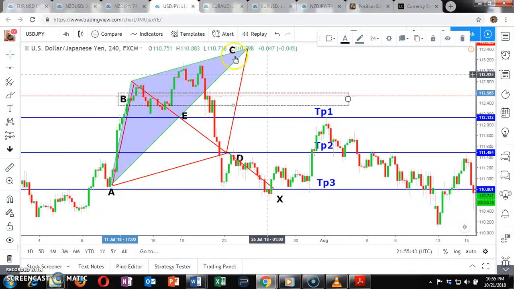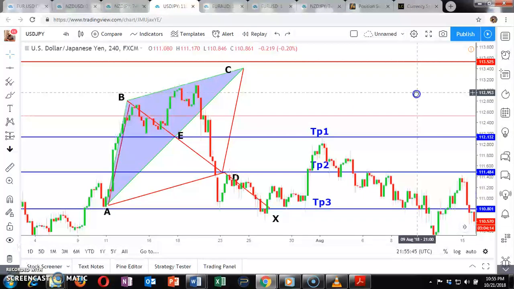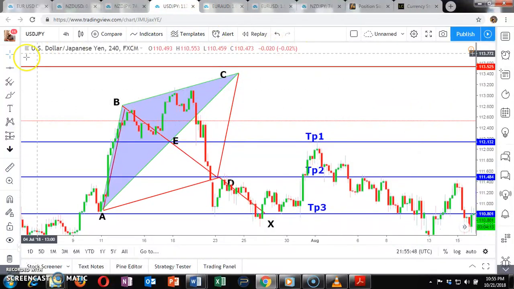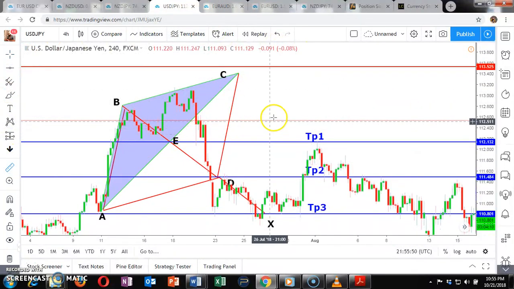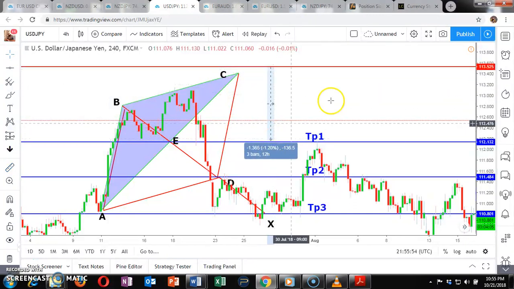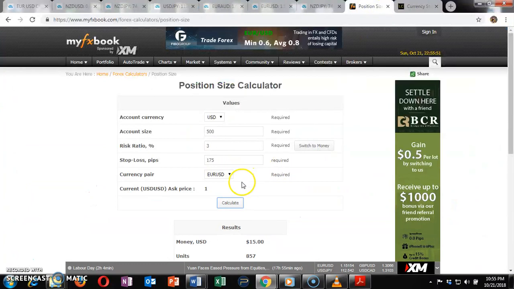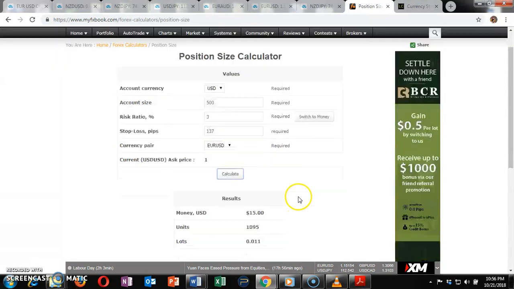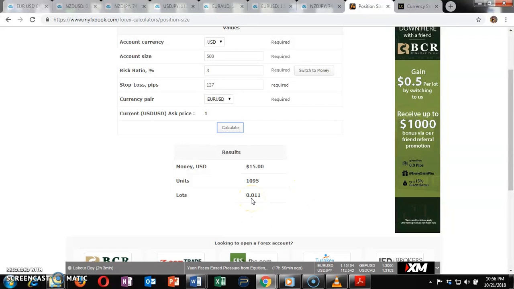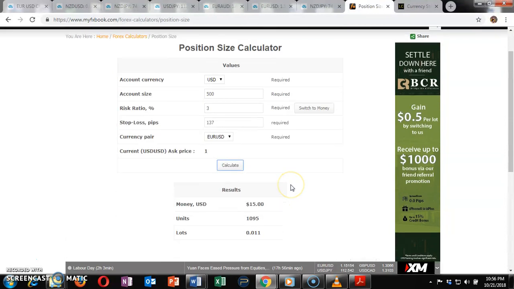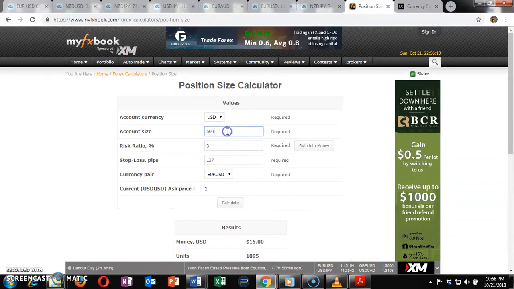Now for you to measure your lot size, you take your measurement tool, go from here to here, and this is 137 pips. So you come here and say 137 pips, and then you calculate. So now this here is your lot size, 0.011, right, for a $500 account.